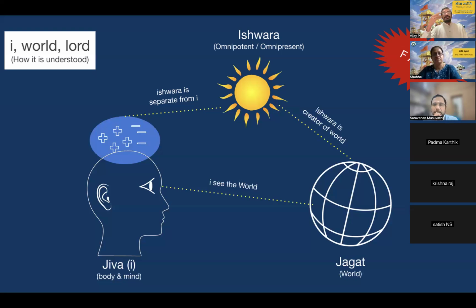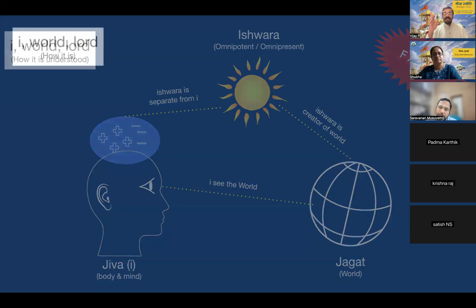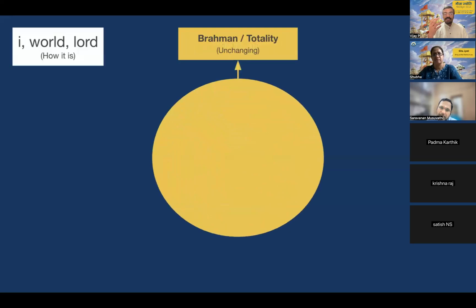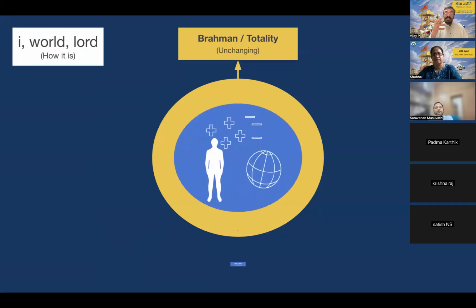Okay, so then the simplest answer that Vedanta also gives is, look, the correct understanding is that actually there is no separation. There is only that divine, which is referred in Vedanta as Brahman. Only divine is there. And in the divine, various changes called world and everything else are appearing.